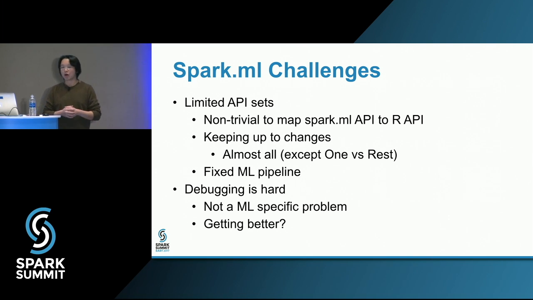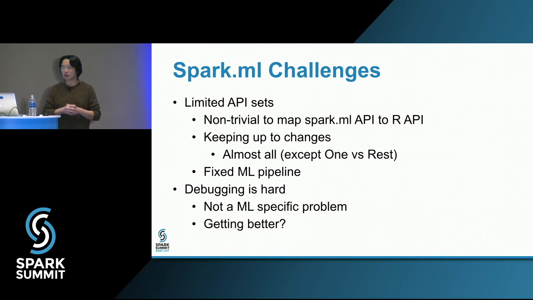Fortunately, we have almost kept up with all those changes. We have almost every single one of these machine learning models except for one-versus-rest, which is challenging by itself because it allows you to specify different types of classifiers. It's hard to figure out what is the right model to expose in R.